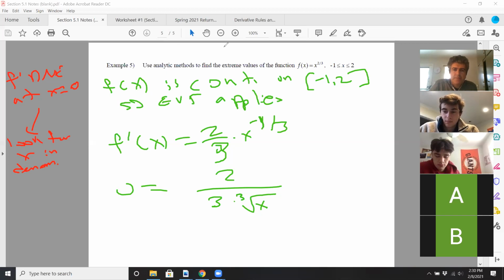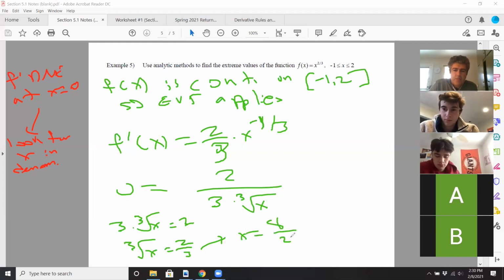You cross multiply. So you get 8/27. Remember, you had to cube both sides. So what I did is I multiplied both sides by 3 times the cube root of x.